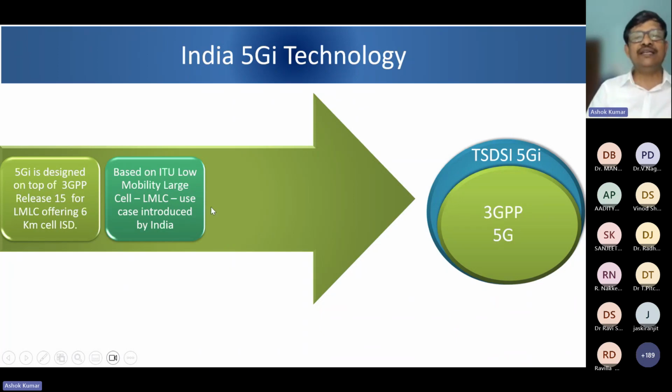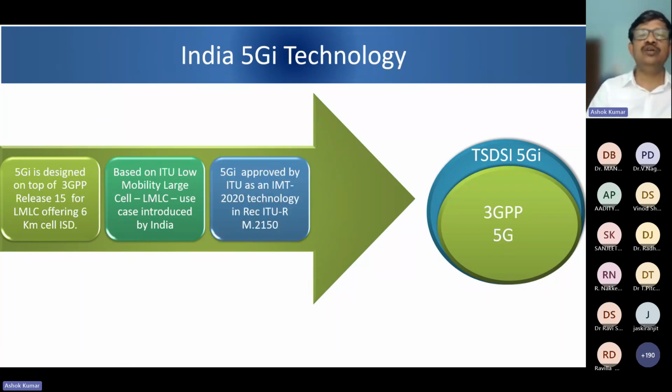So we went to ITU, and there also we submitted 5G use cases related to LMLC. For this LMLC we submitted our 5GI technology to ITU, and ITU approved this 5GI technology as one of the technologies along with 5G NR, and this is available in the M.2150 document. You can download this, right?